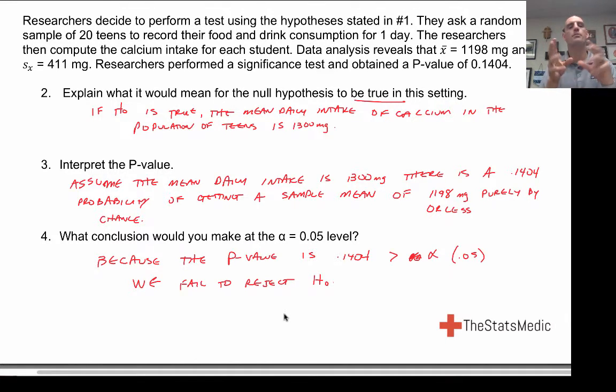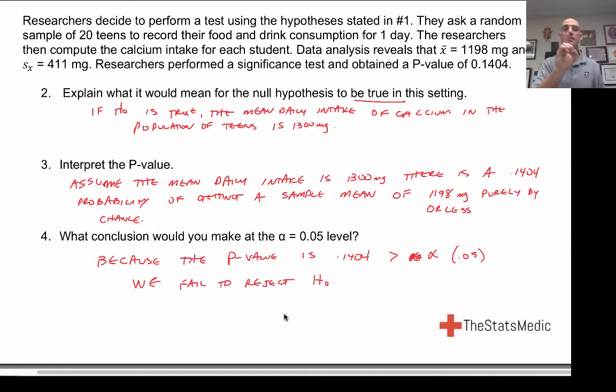the time. Now, what would be the alternative to this? Let's say I had this group of students. Their mean was 1,198. I ran this test. And in the test, 1% of the time, it was less than 1,300. Or sorry, it was 1,198.